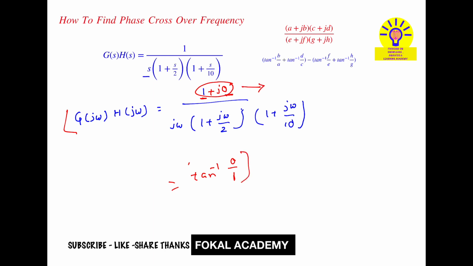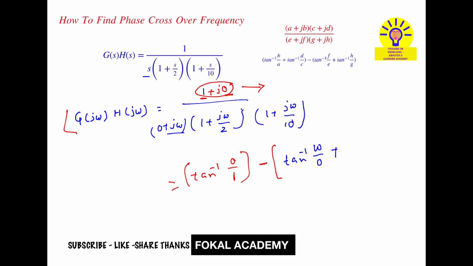Now minus the sum of all phase angles of the denominator. For the first, it is tan inverse of omega by 0, since the real part is 0.